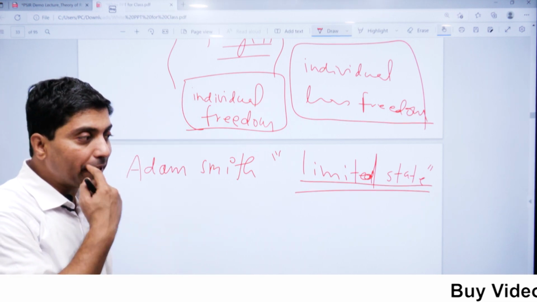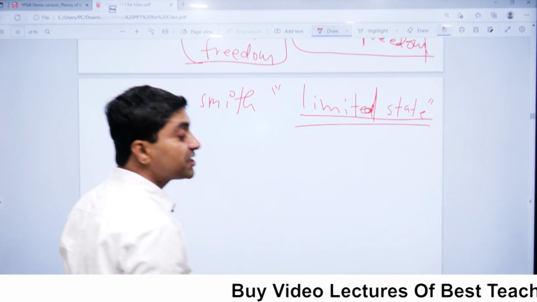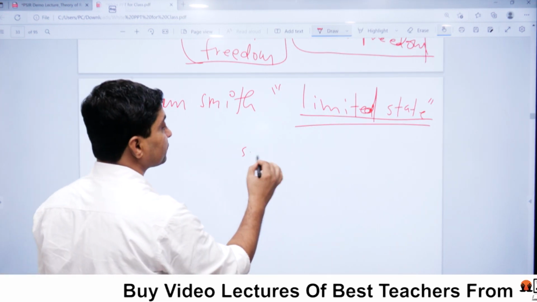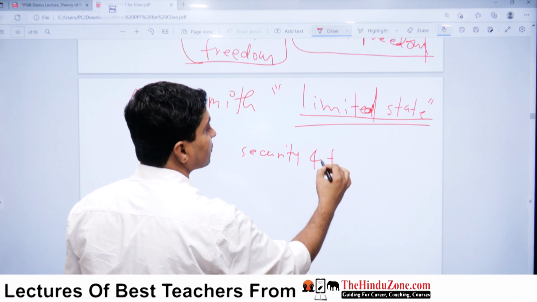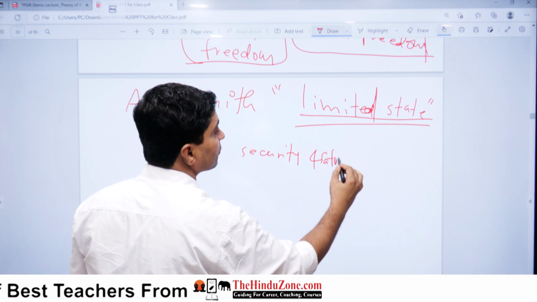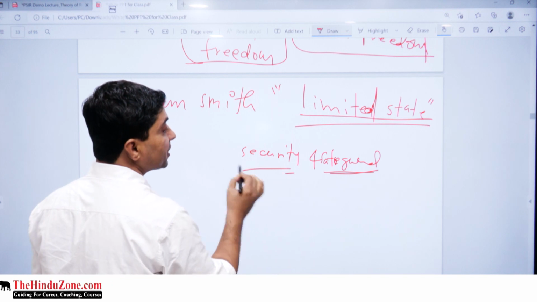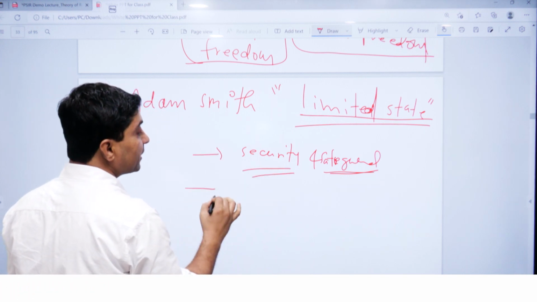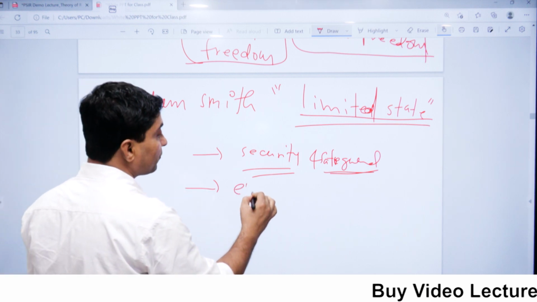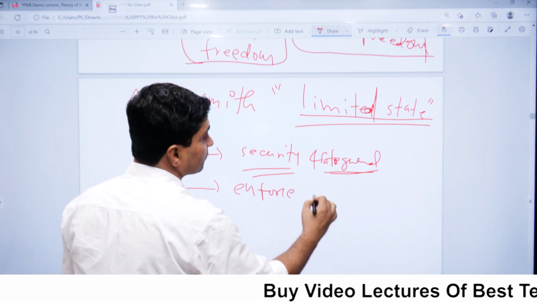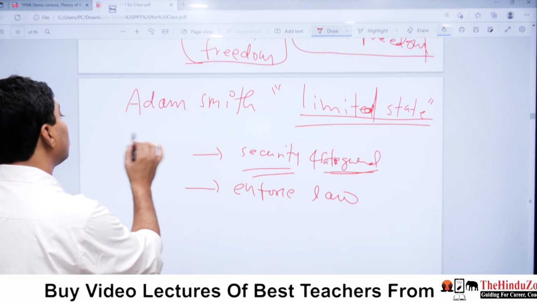That a state only establishes security, and a state should provide safeguards. A state provides security. Then a state enforces law, right? And the rest of the things, a state should leave to the individual.